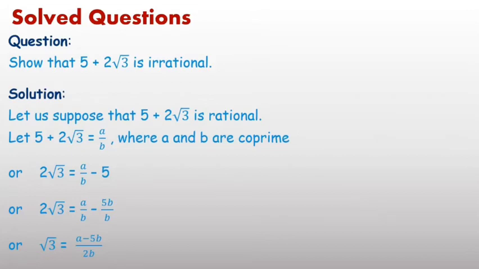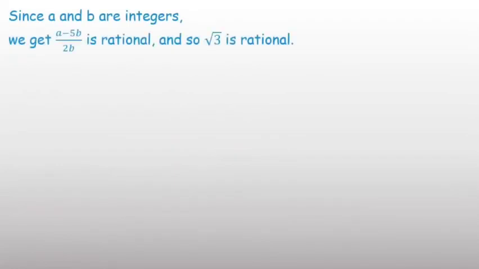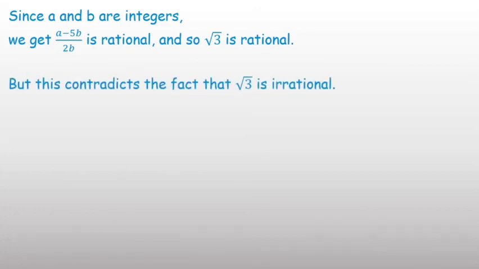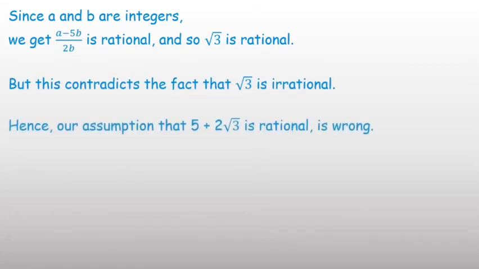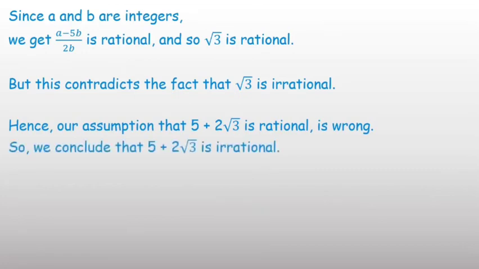Since a and b are co-prime, it implies a minus 5b upon 2b is a rational number. And root 3 is also rational according to this, which contradicts the fact that root 3 is irrational. Hence our assumption is wrong. So we conclude that 5 plus 2 root 3 is irrational.